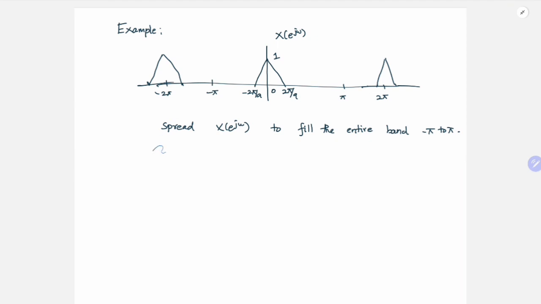So I have to scale my frequency by a factor of 9 by 2. But can I do it in a single go just by using decimation or downsampling? I have to basically downsample it by a factor of 4.5. But I can only do it by an integer factor, right?